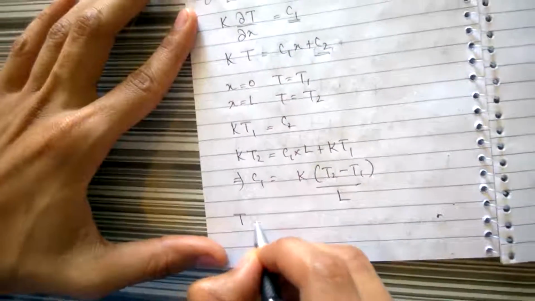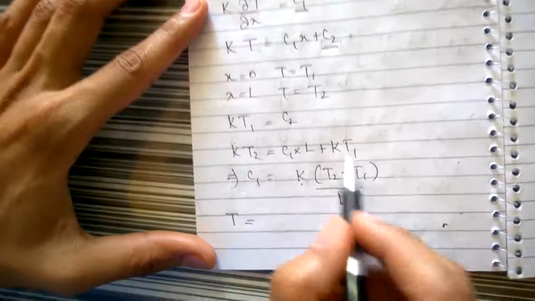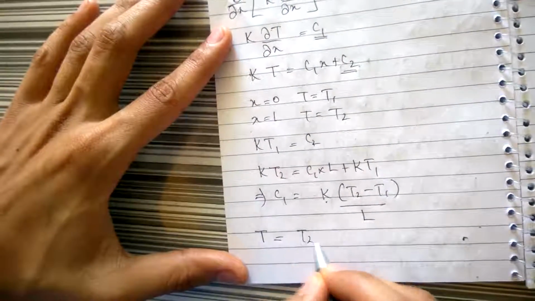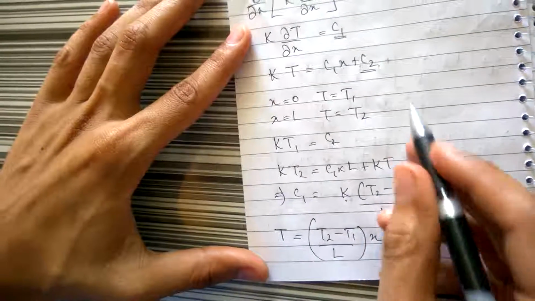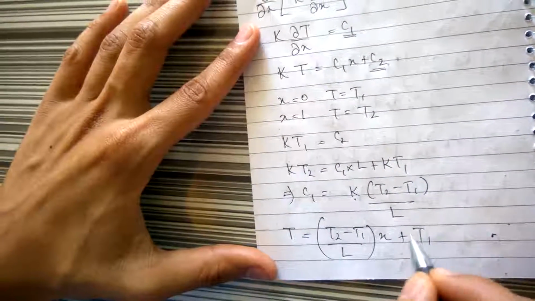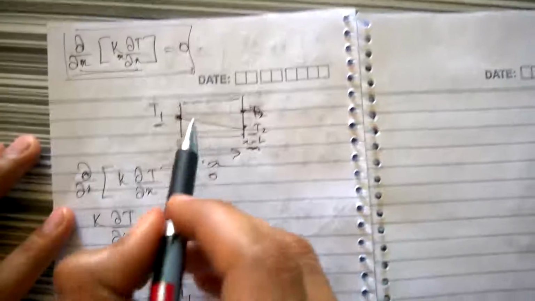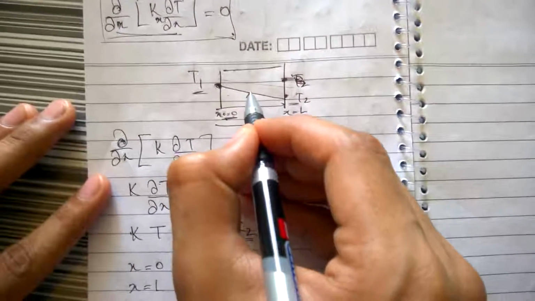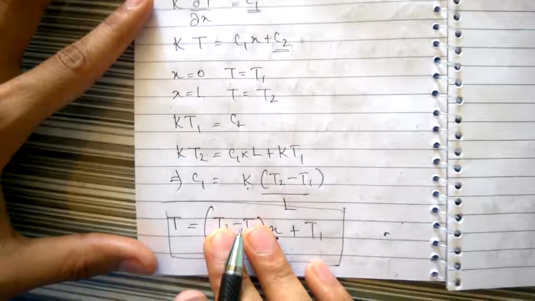So we can write T equal to C1, which is k times this term, but we are going to divide this by k, so this will get cancelled. T equals (T2 minus T1) by L into x plus the term C2, which is T1. This you can see is a temperature profile. You put any value of x between 0 and L, and you will get the value of T at that point. If you put x equal to L by 2, you will get the temperature at the midpoint of the wall. So this is called a temperature profile.